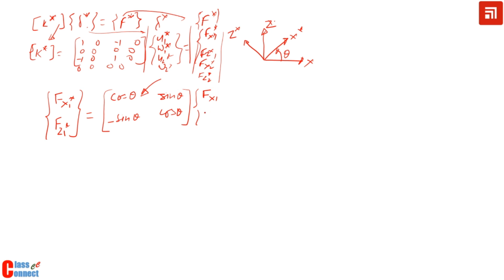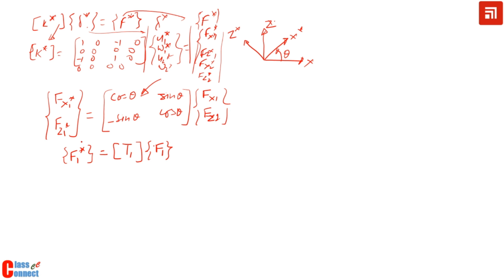All those concepts you can learn through the video, the link of which is available in the description. So now we can write in short that F1 in local coordinate system is equal to the transformation matrix for node number 1 multiplied by the force vector in global coordinate system.